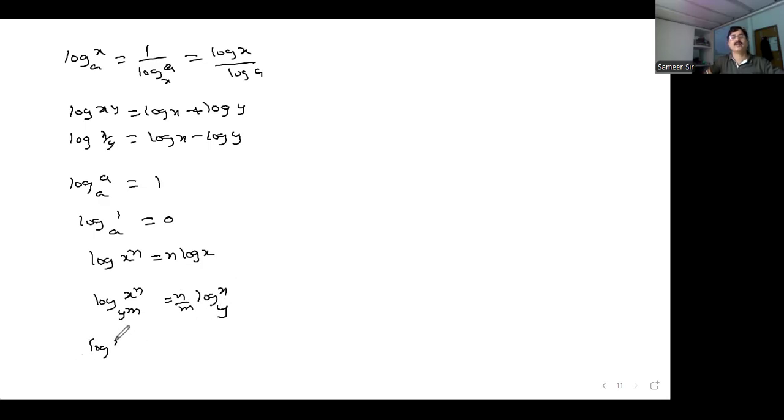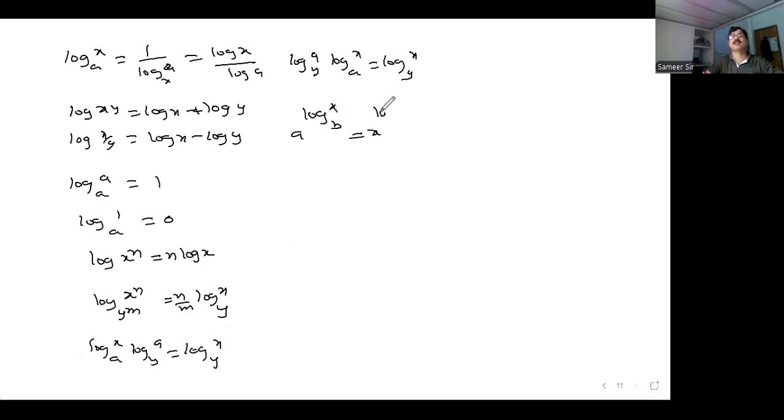Another one, let me tell you, log x base a and log a base y multiplied can be written as log x base y. Another one, you see this? Log a base y multiplied by log x base a, also the same story, log x base y you can write. And here a to the power of log x base b is there.